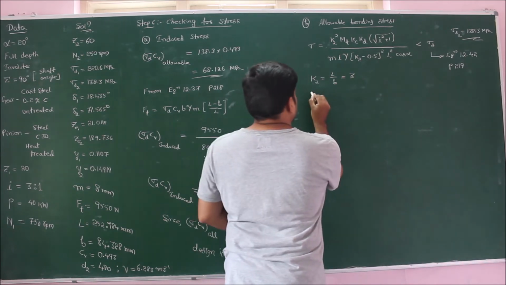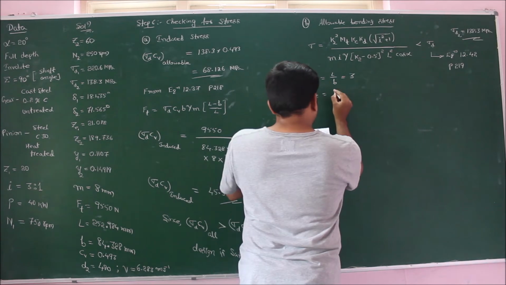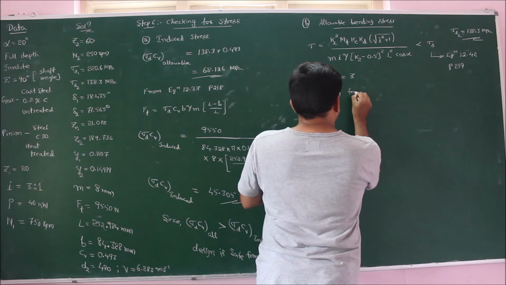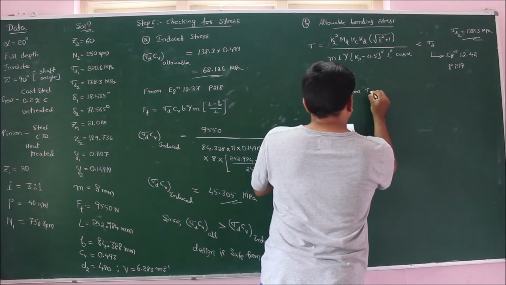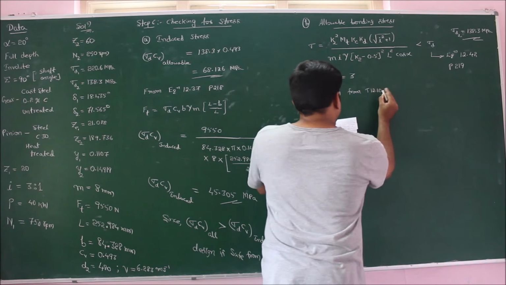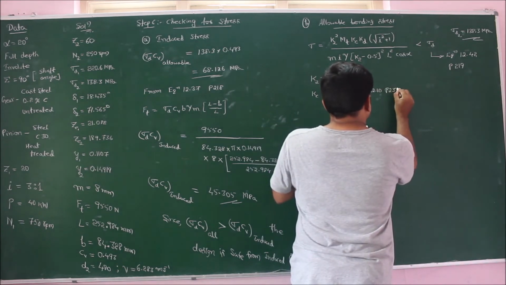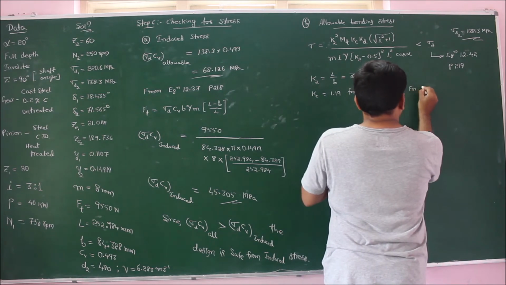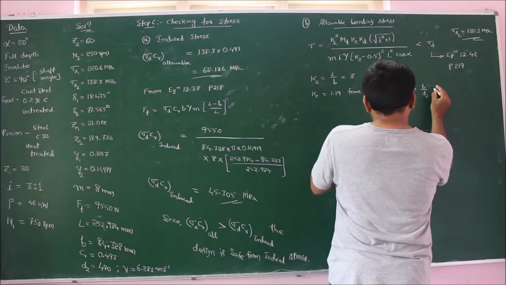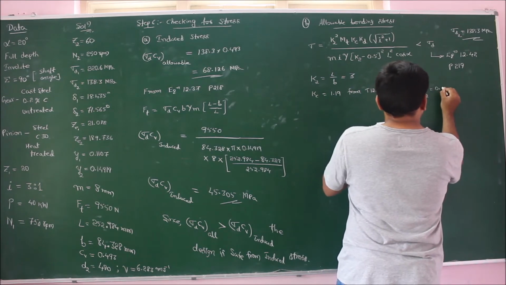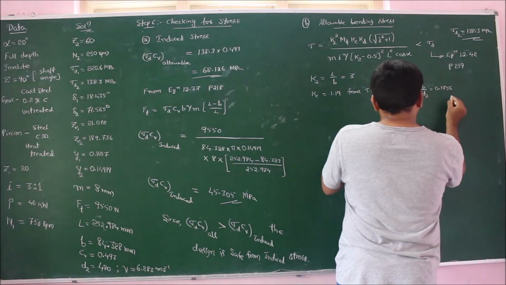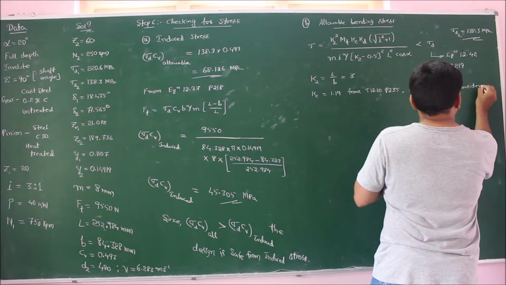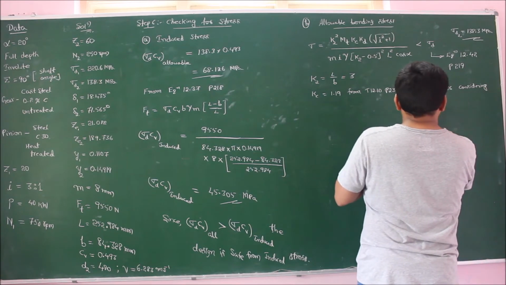Coming for the value of Kc, we can take the value as 1.19 from table 12.10 of page number 235, we have calculated for b by d2, which is 0.1756, and considered cantilever pinion.